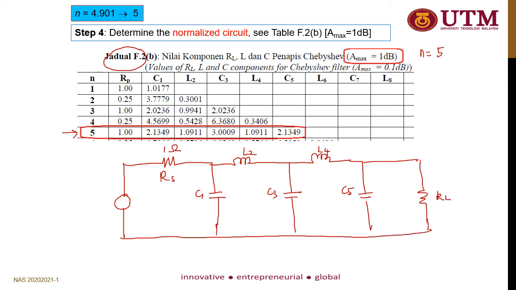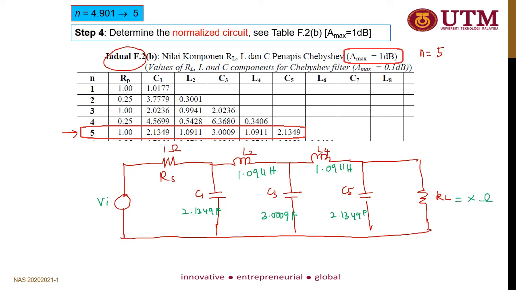Finally you need to put in all the values. This is VI or VS, the source. C1 equals 2.1349 F, L2 1.0911 H, C3 3.009 F, L4 1.0911 H, and C5 2.1349 F. Please refer to the question again for the RL value, and put the value in ohms.